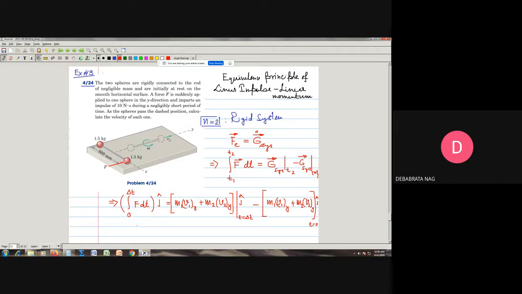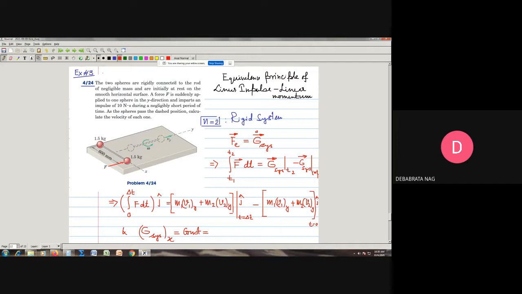So the linear momentum in the x direction is conserved, and G sys x, the system's linear momentum along the x direction, is going to be equal to a constant. That means it is equated with the initial linear momentum.